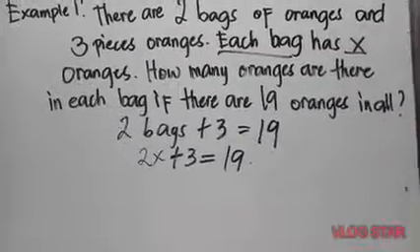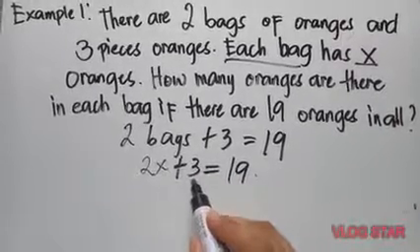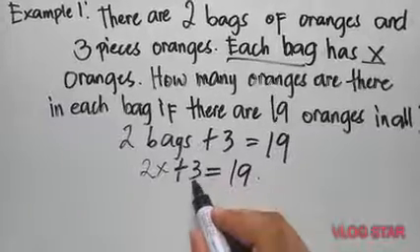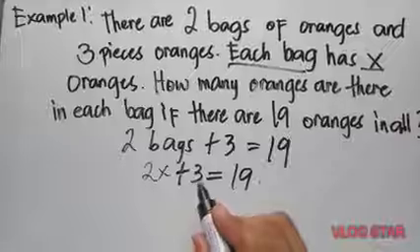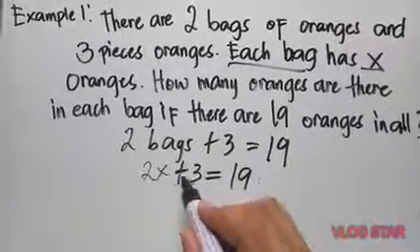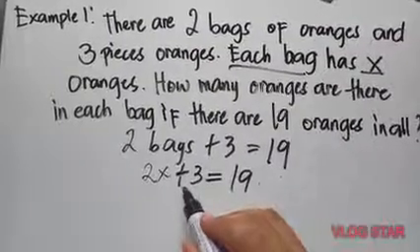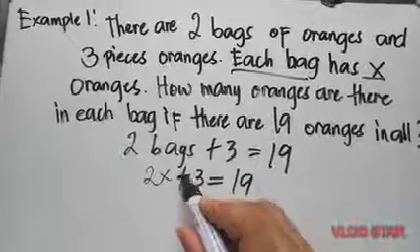Another way of solving this one is by getting the additive inverse of 3, or yung kabaliktaran ng 3. So the additive inverse of 3 is negative 3. So if that's so, then we can subtract 3 from 19 and remove 3 here.